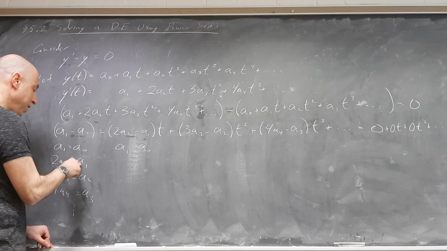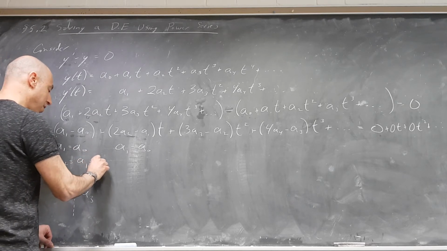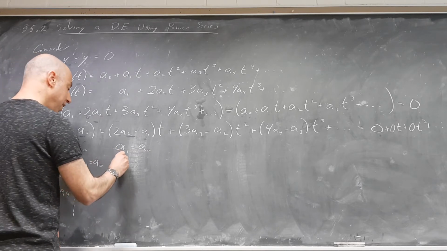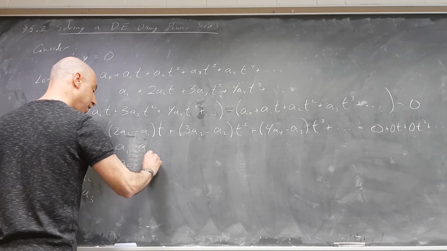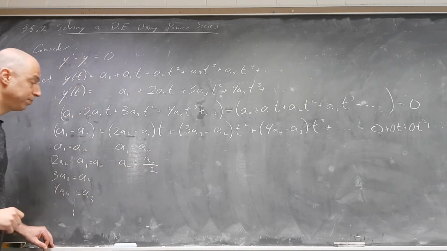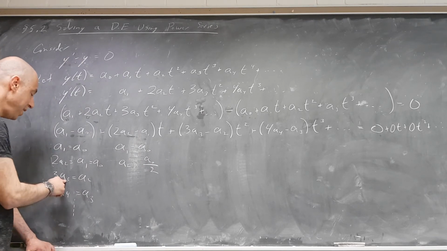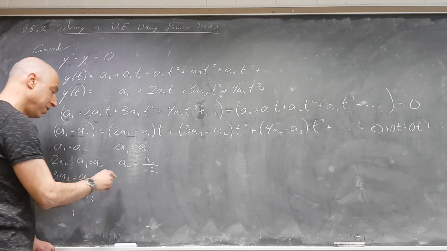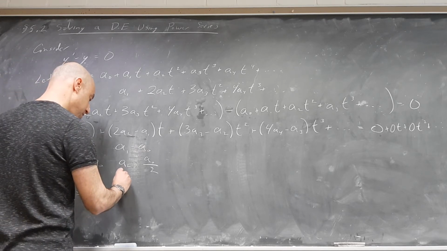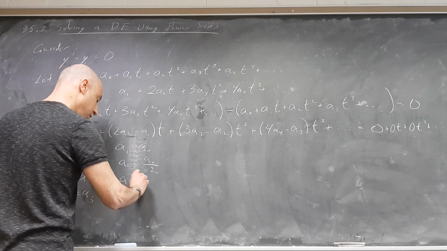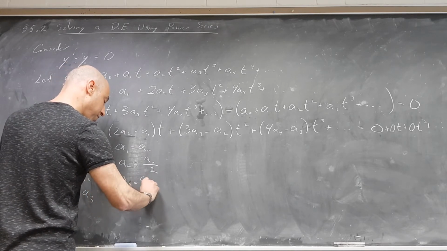We can solve for all of these coefficients in terms of a0. You can see that a1 just equals a0. That's what we wrote here. So if 2a2 equals a1 and a1 is a0, we know that 2a2 equals a0, a2 equals a0 divided by 2. And if 3a3 equals a2, then we know that a3 equals a2 over 3.